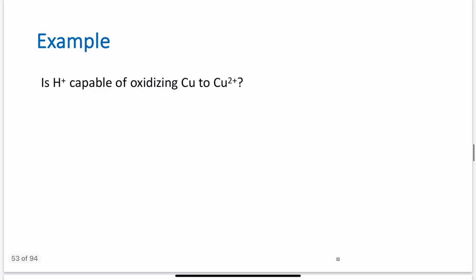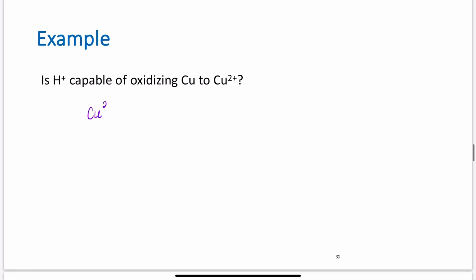Let's work another example. Is H+ capable of oxidizing Cu to Cu2+? Let's write down our reactions. If I'm looking at Cu2+ plus 2 electrons, giving me Cu solid, the reduction potential for this reaction is 0.34 volts.